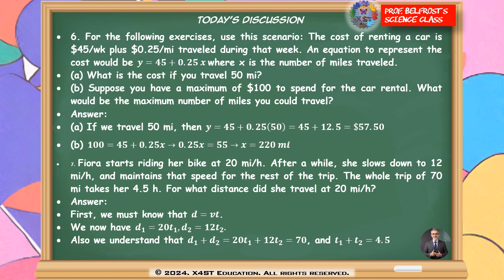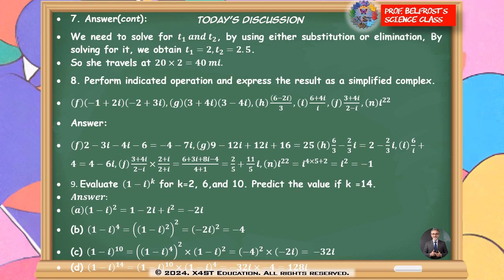Then we have two equations now, and you can do either substitution or elimination to find t1 and t2. Then you can find the distance by using this data.